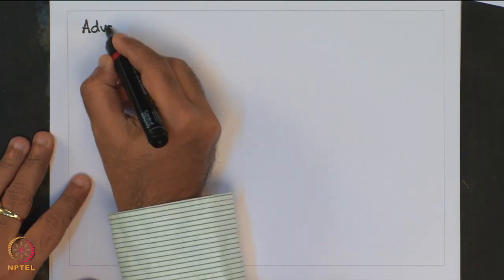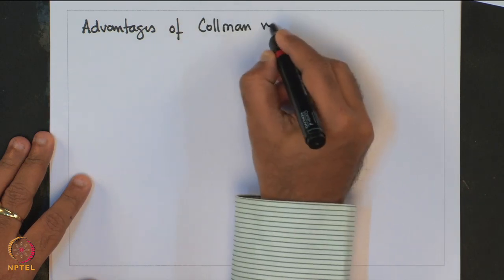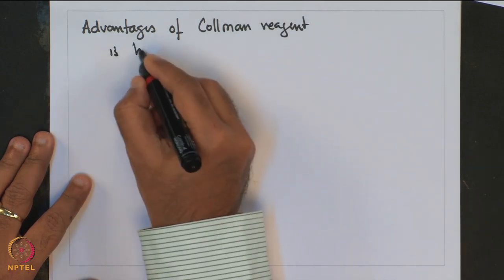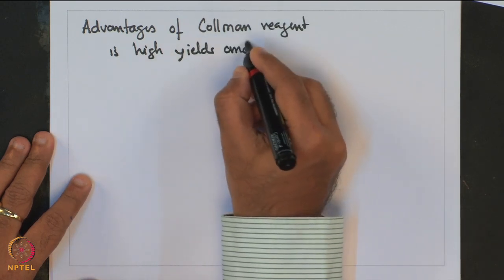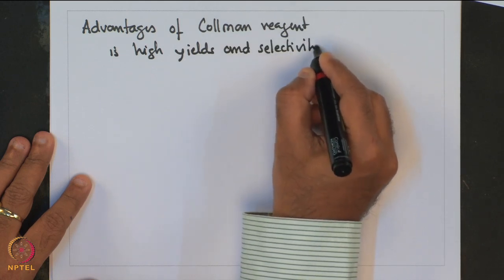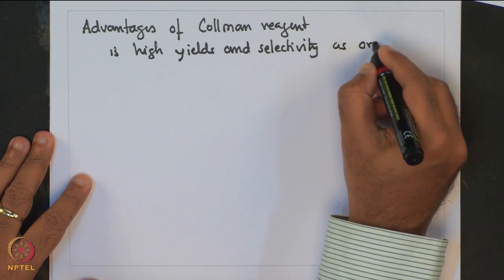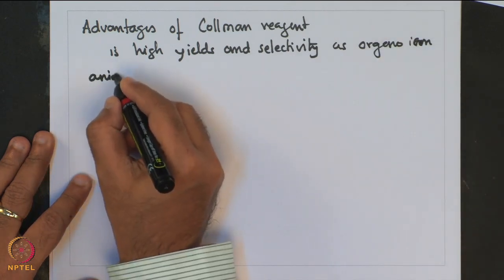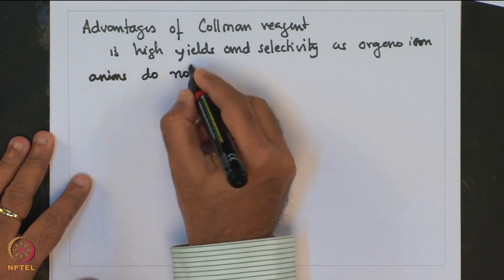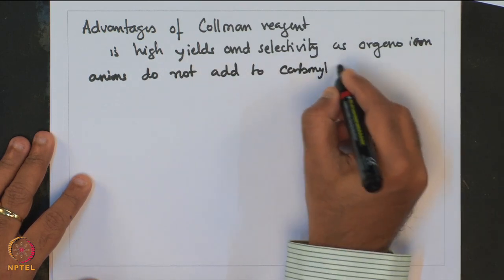The advantage of Collman's reagent is high yield and high selectivity, as organoiron anions do not add to carbonyl or nitrile groups.